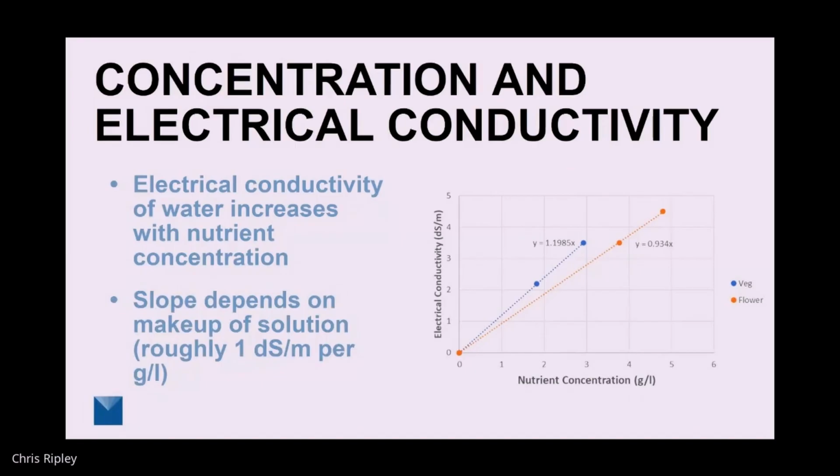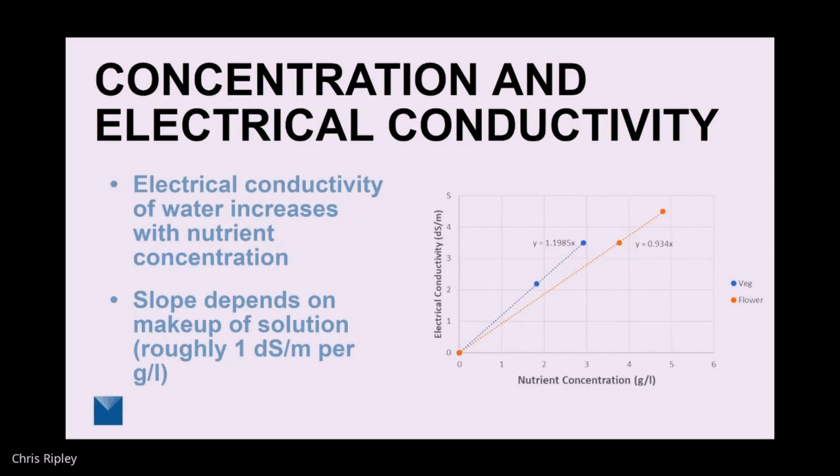There's a linear relationship between the electrical conductivity and the concentration of the nutrient solution. Okay, yeah. So the higher the concentration of nutrients in solution, the higher the EC that we're going to get.